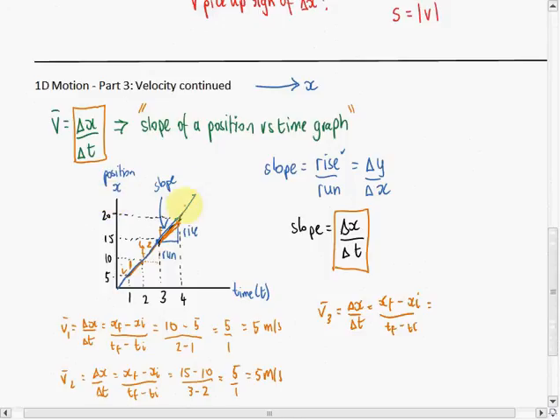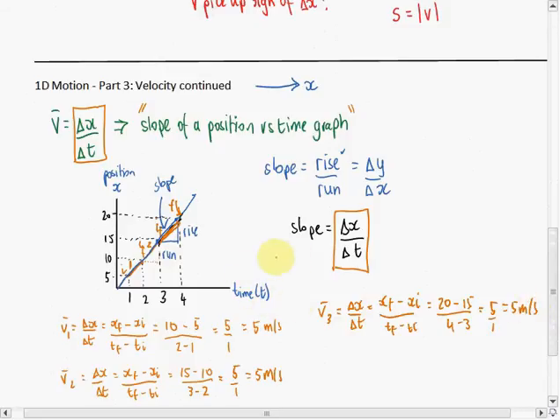Well, at this 4 second mark, that's my final, this is my initial. Where was I? 20 meters minus 15 meters within that specific time frame, and 4 seconds minus 3 seconds. You can see where I'm going with this. 5 meters per second was my velocity the whole time.